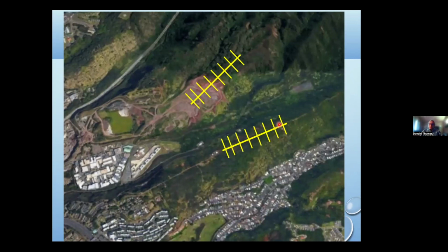But further up the ridge, we feel like that information will give us considerable detail on the array of Pahoehoe and clinker zones that we have buried within the ridge below the tanks and down into the water table. Likewise, over here on the Halawa Ridge, just above the quarrying operations.